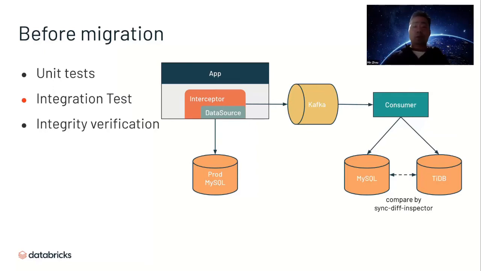Then we create a dev MySQL and a dev TiDB for testing, so we can compare the two. We launch a consumer which will replay the traffic and write into and read from MySQL and TiDB. We also use the TiDB tool to compare the data between the test MySQL and test TiDB.